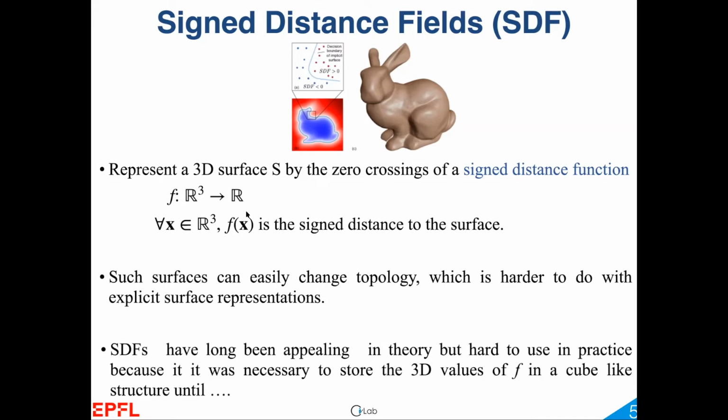So, as I said, this is an old idea, but until recently, it was not viewed as being practical because you had to store all the values of f, so discretize R3 very finely, and that very quickly becomes very, very expensive.